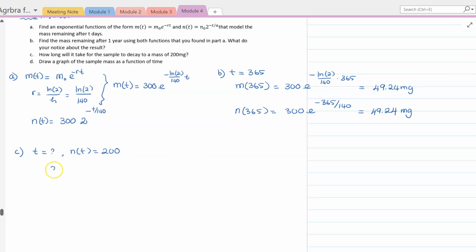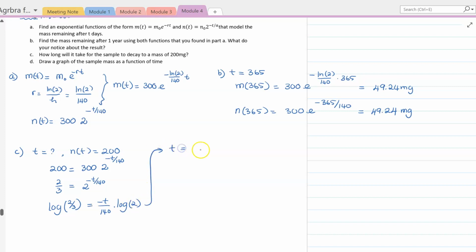So 200 equals the initial amount times 2 to the exponent negative T divided by 140. So 2/3 equals 2 to the negative T divided by 140. So log of 2/3 is equal to negative T divided by 140 times log of 2.